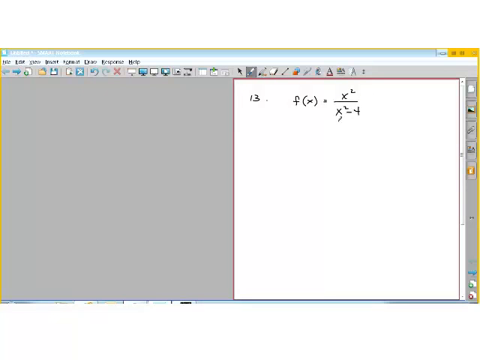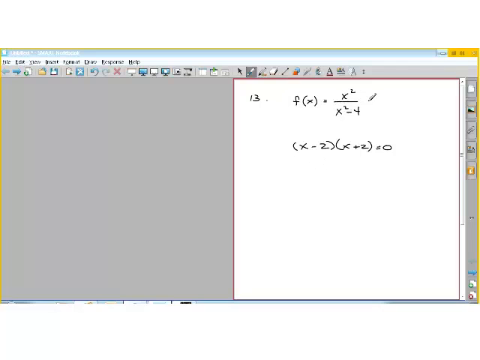Take the denominator, which is the bottom, and you factor it. x squared minus 4 is going to be x minus 2 times x plus 2. So when either one of these equals 0, then we have 0 in the denominator.